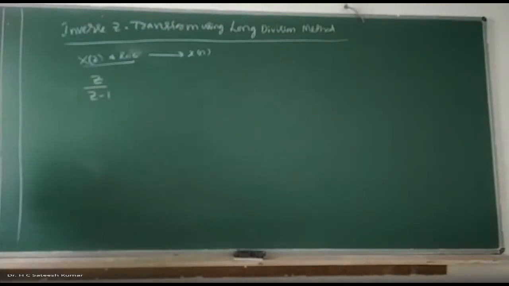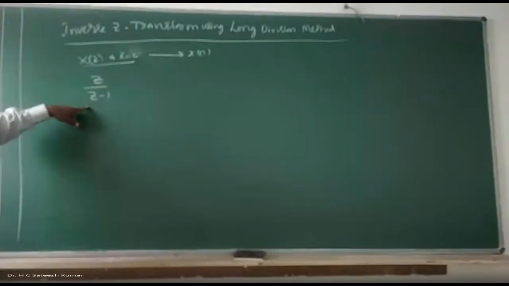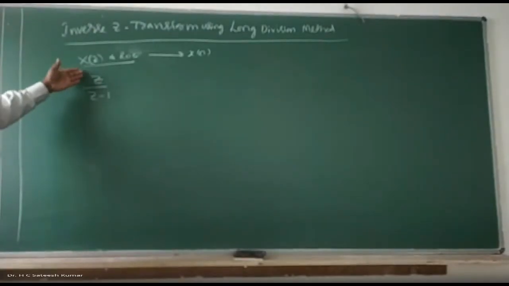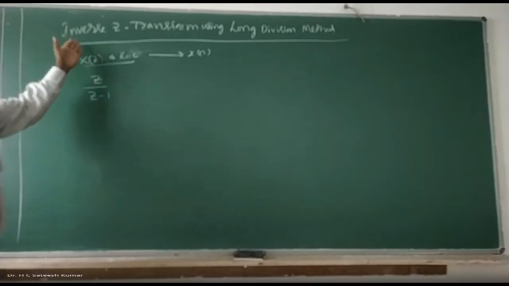Then what we do? We keep on dividing the numerator by the denominator. Minimum 3 to 5 terms you should get, and until then you keep on dividing. Since we are dividing so many times, that's why we call it the long division method.